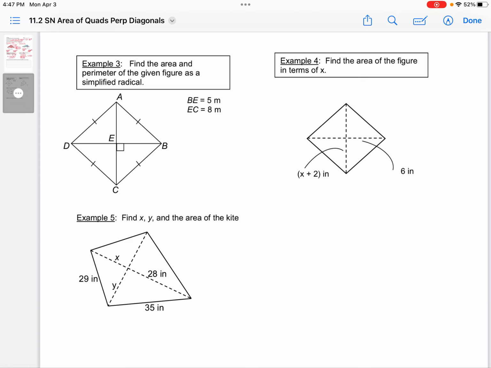Okay, so now I have a square. This one still has perpendicular bisectors, and I'm still going to use the same formula. I'm still going to use area equals 1/2 D1 times D2. So for this one, BE equals 5, EC equals 8.